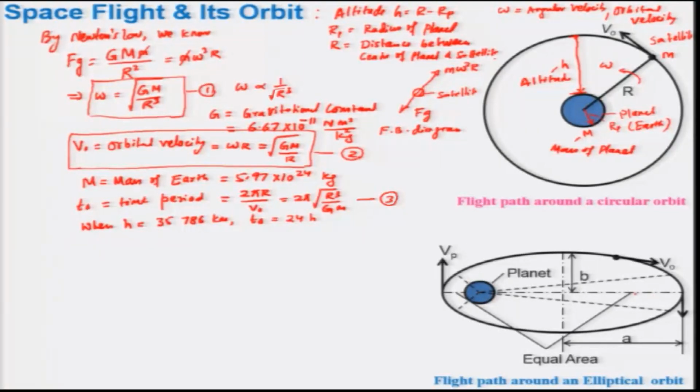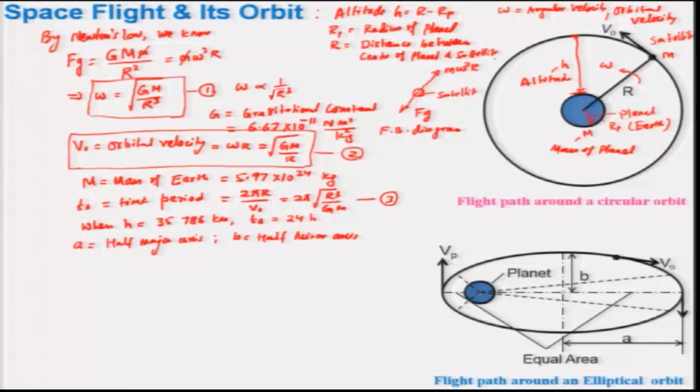This is one focal point, and in this elliptical path, a is your half major axis, basically the major axis will be 2a, and similarly b is your half minor axis.